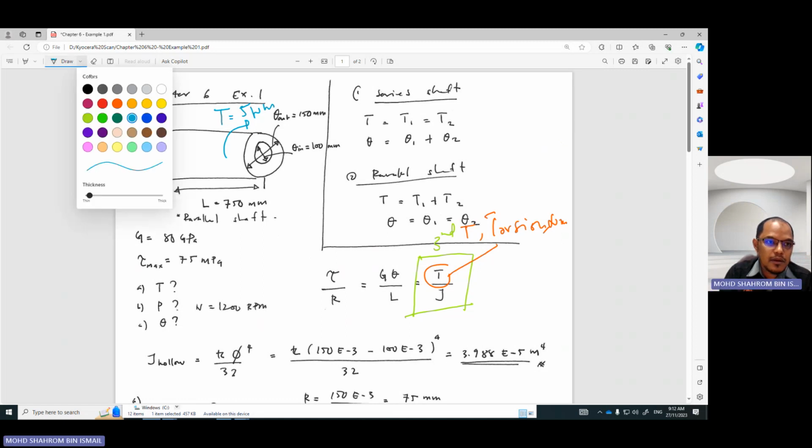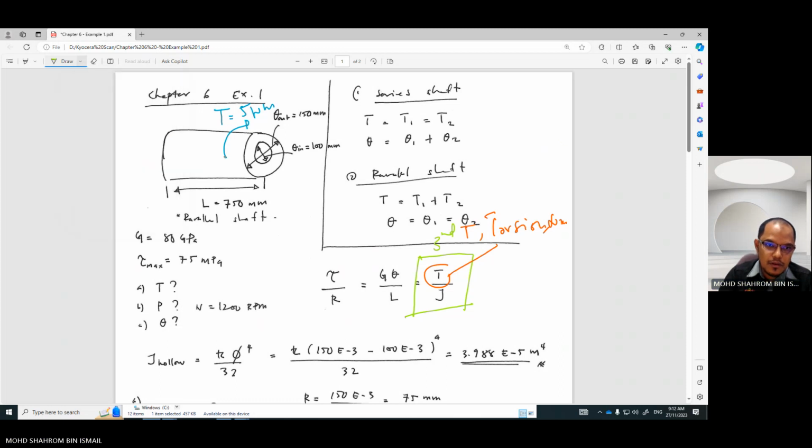Jadi yang paling penting sekali, angle of twist dia ialah ini. Inilah angle of twist dia. Inilah torsion yang dikenakan. Okay? Kita dah belajar berkenaan dengan torsion.